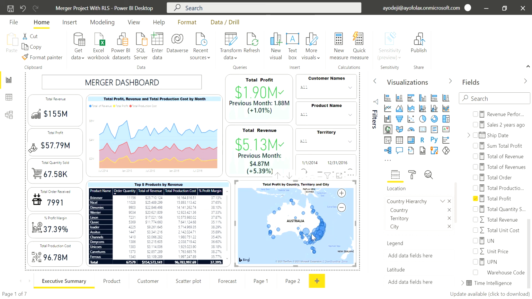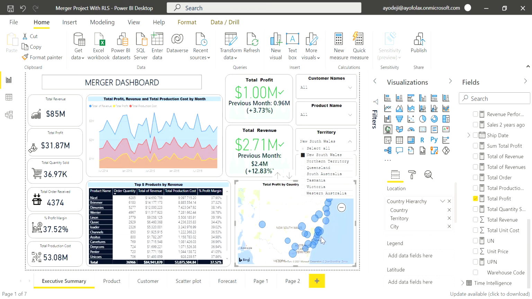For example, if you want to look at the territory of New South Wales, these are the cities around New South Wales. Broken Hill, a profit of about 1.3 million. This is a bit smaller, about 1.1 million, and so on like that.